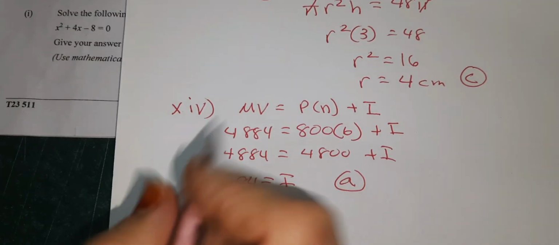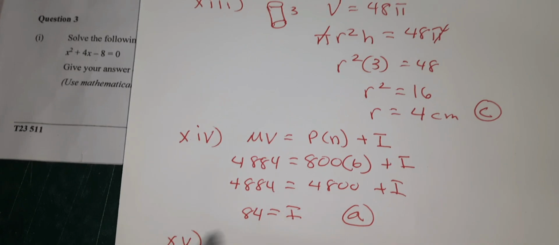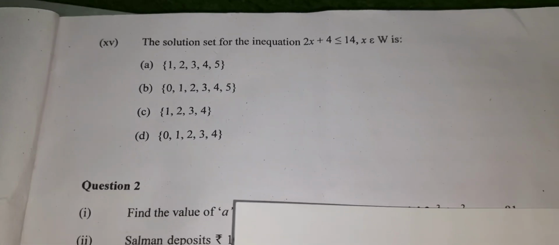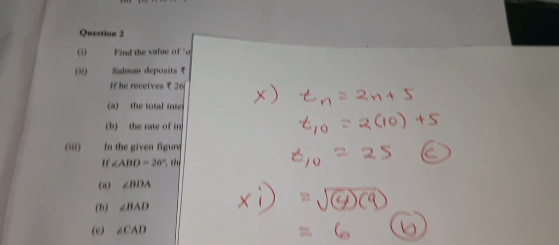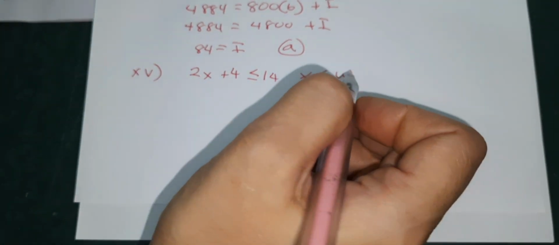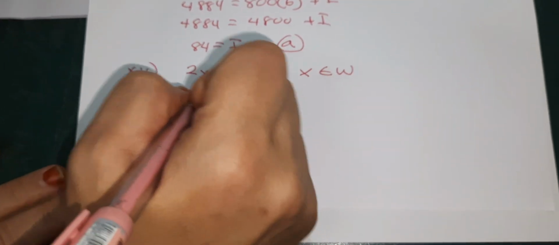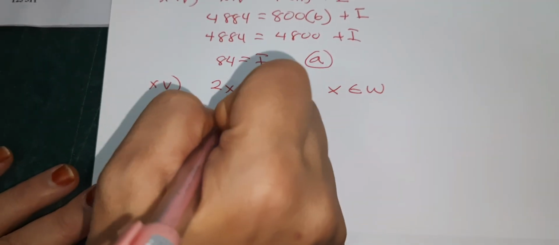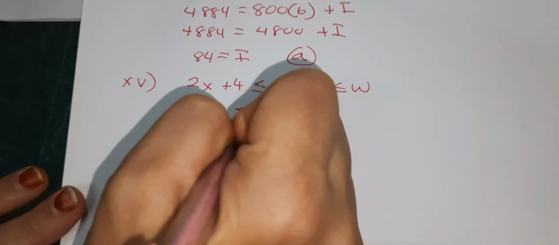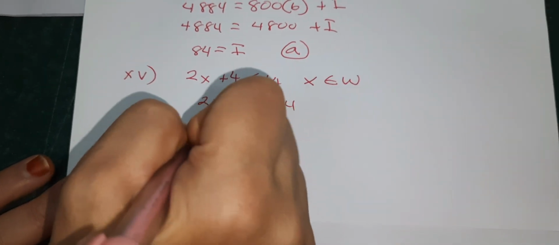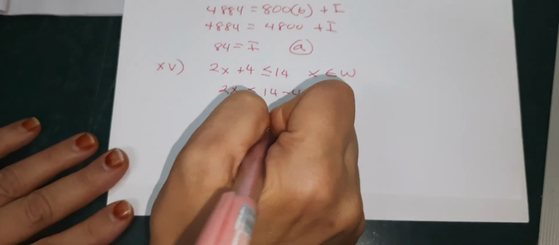Now the 15th multiple choice question. The solution set for the inequation 2x plus 4 is lesser than or equal to 14, where x is an element of the whole numbers. Whole numbers means it has to start from 0, right? So 2x plus 4 is lesser than or equal to 14, this is simple to solve. 14 minus 4, that's 2x is lesser than or equal to 10.